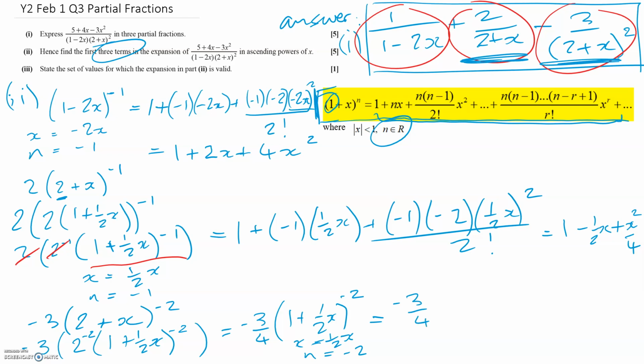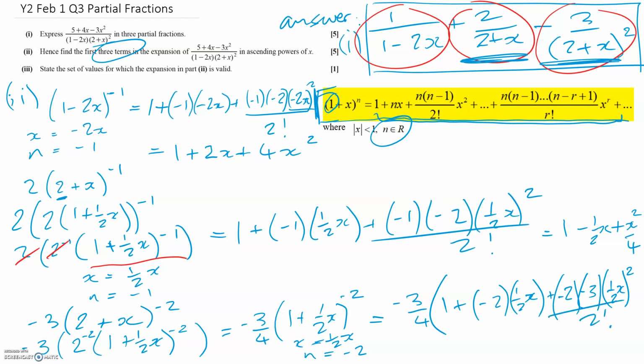We're going to get minus 3 quarters times by 1 plus minus 2 times a half x plus minus 2 times minus 3 times a half x all squared, and all of that's going to be over 2 factorial. Now if you simplify all of that, hopefully you'll end up with minus 3 quarters plus 3 quarters of x minus 9 over 16 x squared.